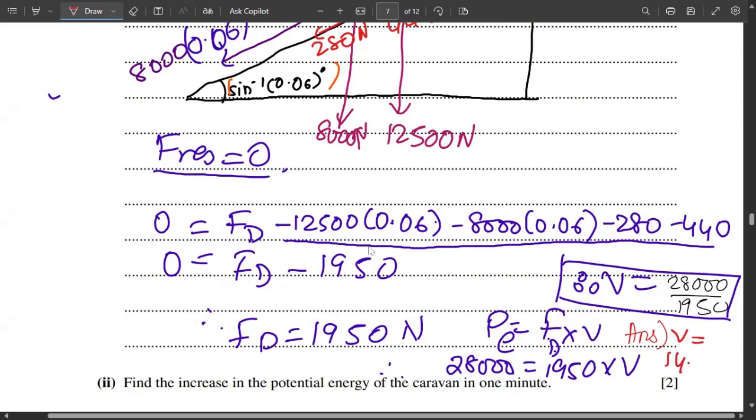So the velocity is 14.36 meter per second.